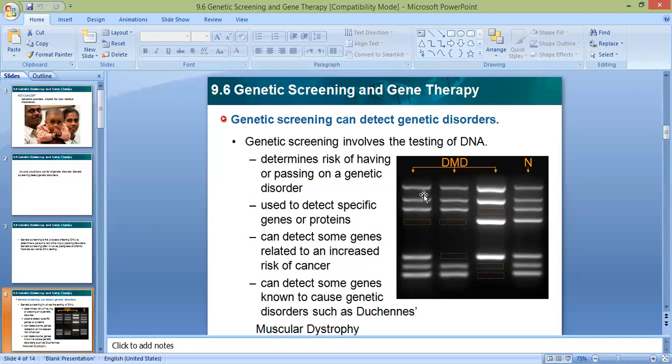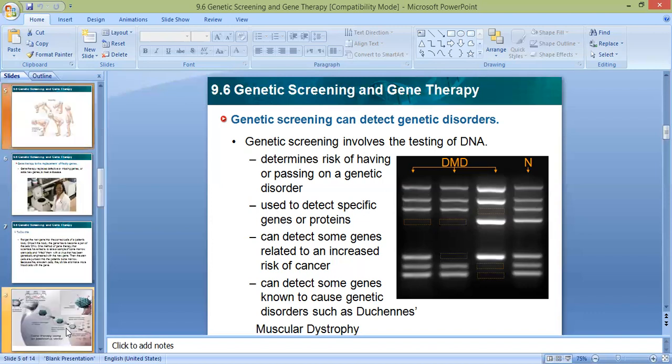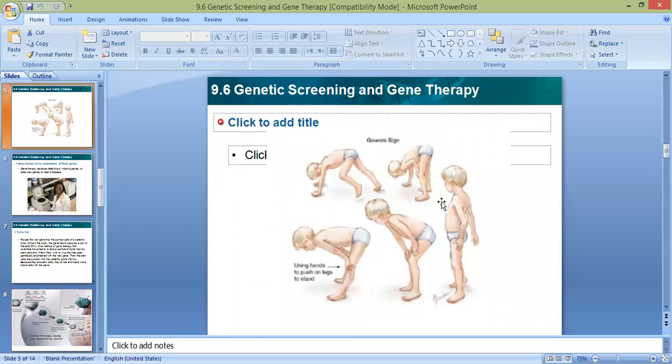With muscular dystrophy, the patient will have this case where they cannot walk and stand up properly as the toddler grows. Sometimes you don't see the symptoms, and the patient doesn't have the symptoms, but over time the patient will show muscular dystrophy and will not be able to stand up or move properly.